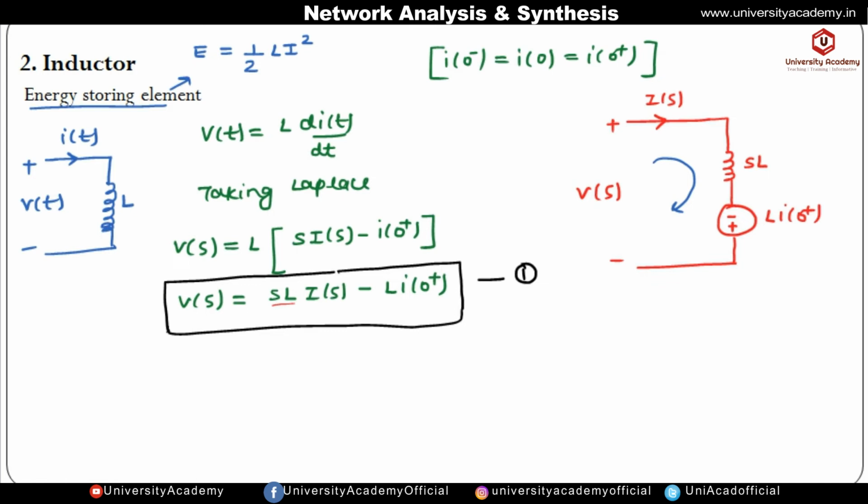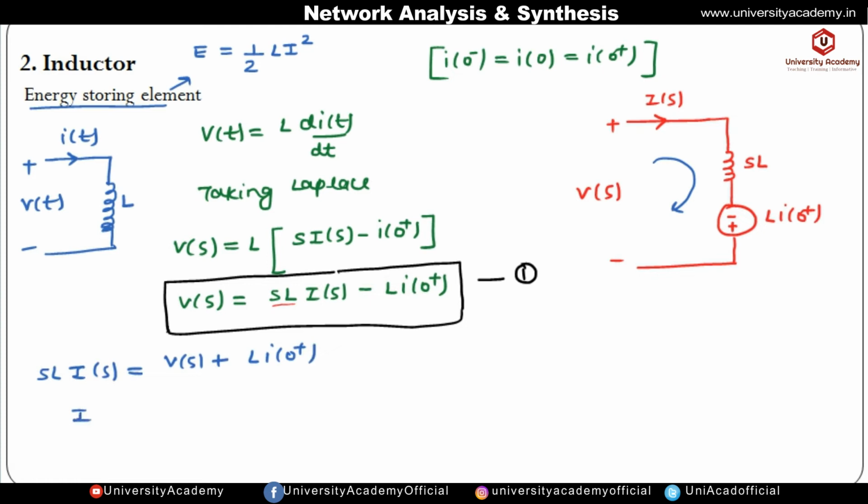Now if you want to represent it in parallel, then how will you represent it, let us see. So let us find the I of s expression from here. I think it is not visible, let me change the color. So sL into I of s is equal to V of s, then it will go to the left hand side and become plus L into I of 0 positive.